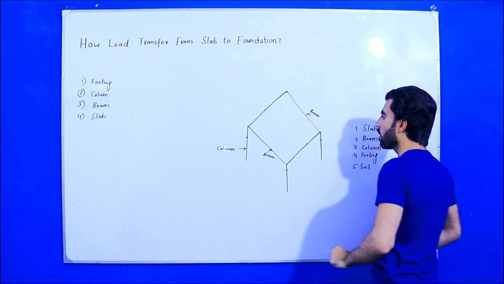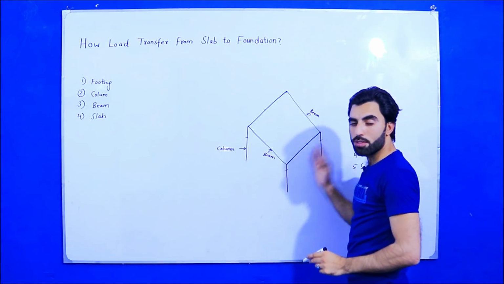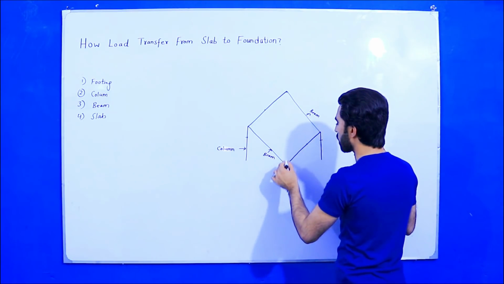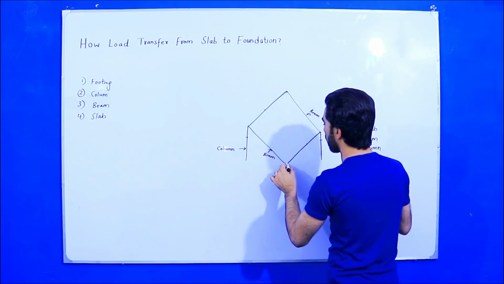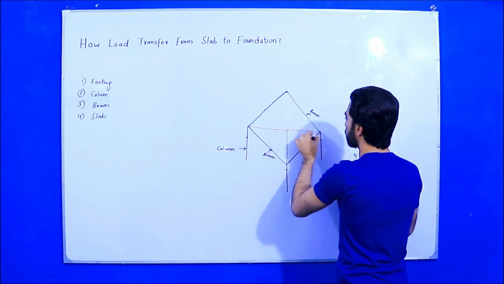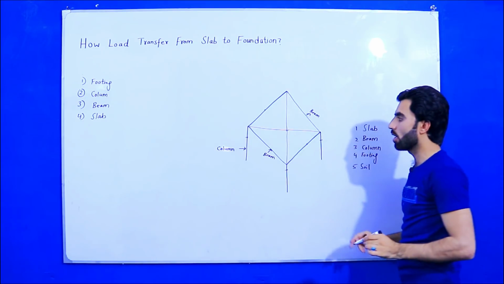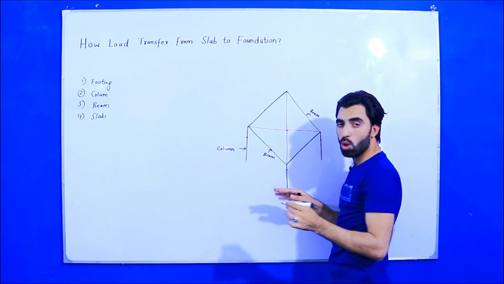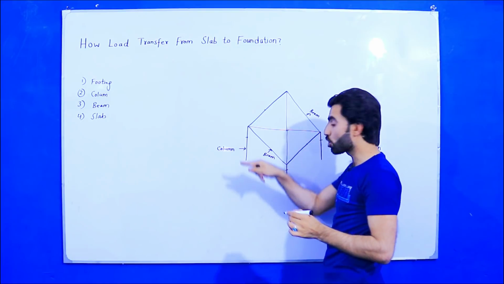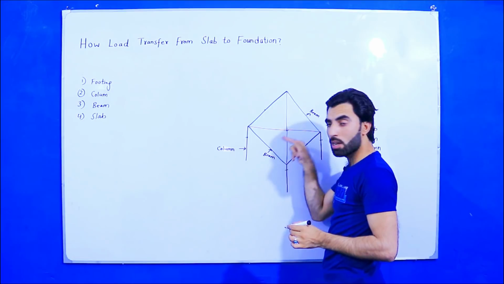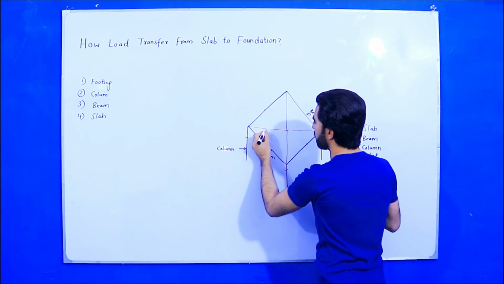First of all, guys, the load transfer mechanism in the slab: when the load comes on the slab, the slab transfers the load like this, so it makes a triangle like this, also this side, also this side, like this. The slab distributes the load to the beams. Same like this, guys.